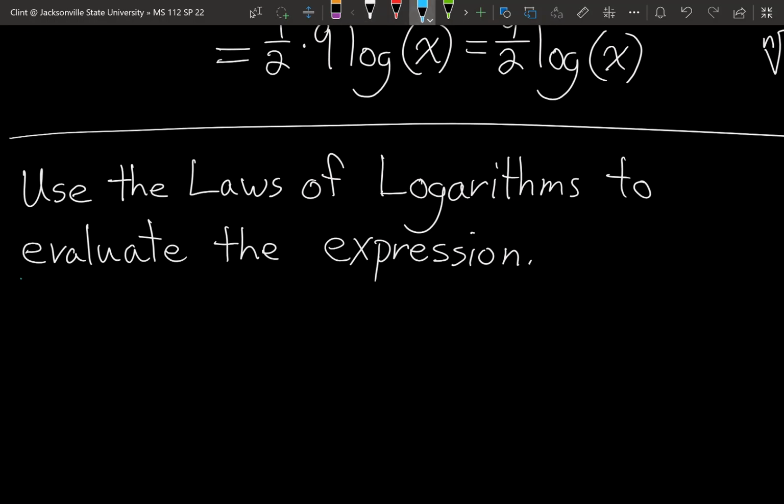If you see evaluate, that means we're not going to have a log in our answer. We're going to have a number.